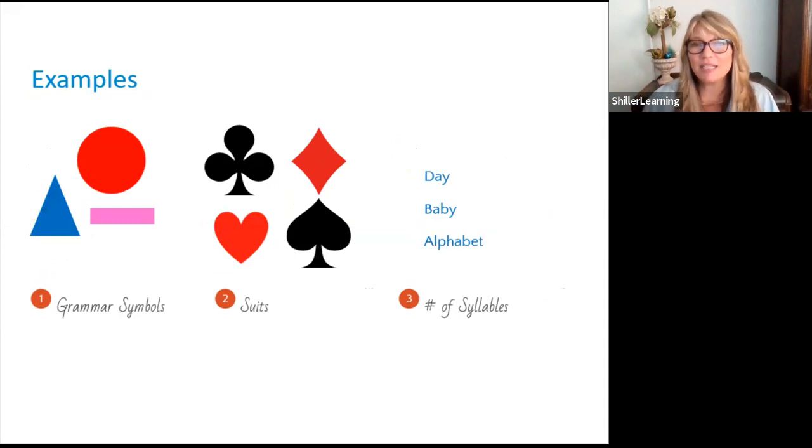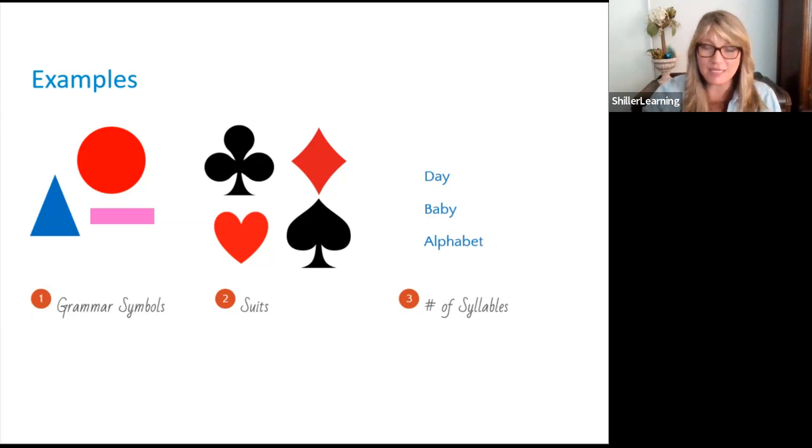Now, kids don't play playing cards as often as they used to. When I grew up, we played cards constantly. So there's a lot of math games that you can do with playing cards. We actually have an entire activity book of math games with cards.